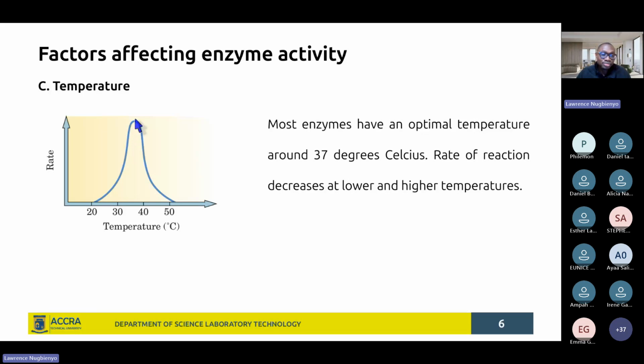Once you reduce the temperature, those microorganisms' enzymatic activity will be reduced. So in that way, the food can be preserved for a longer time.